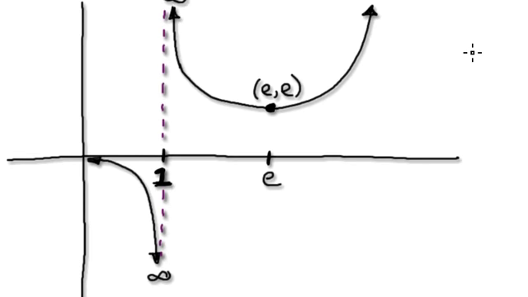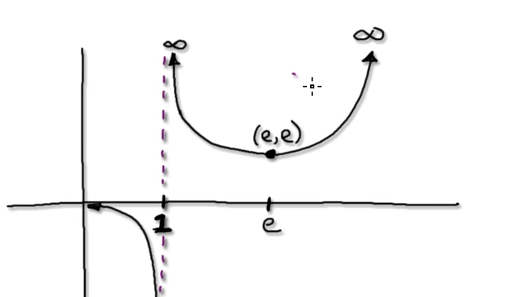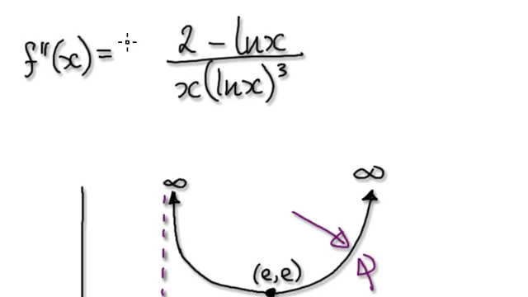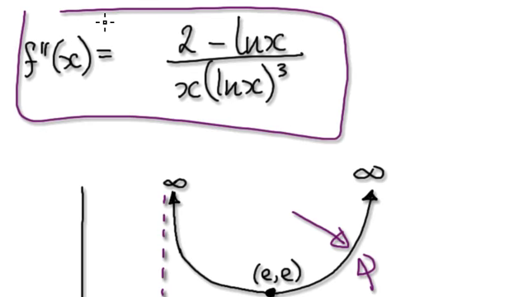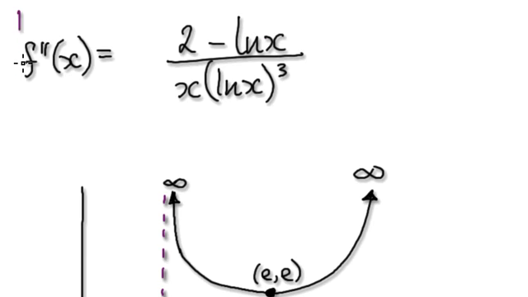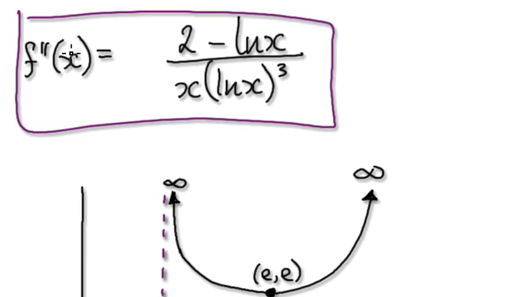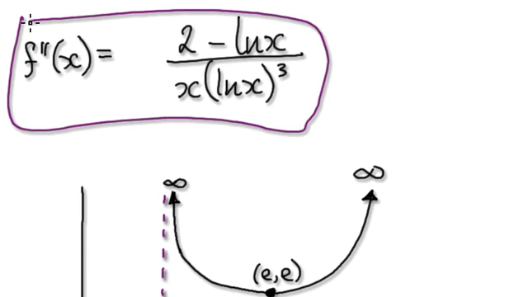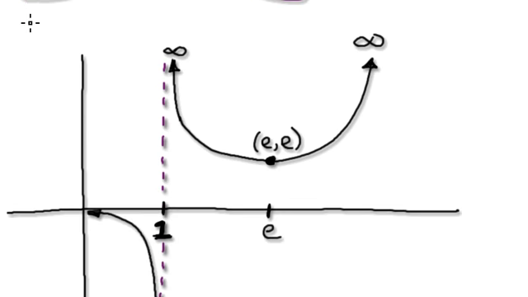So going back to here, we know something's happening in between, and the way we can tell is by looking at the second derivative. Our next aim is to find out when this thing equals 0.